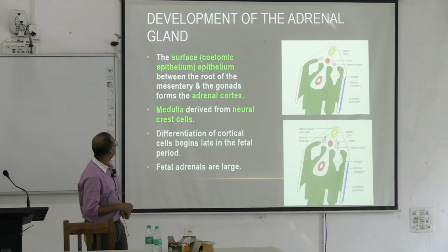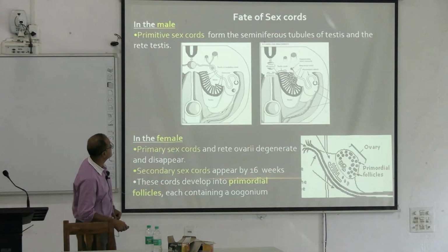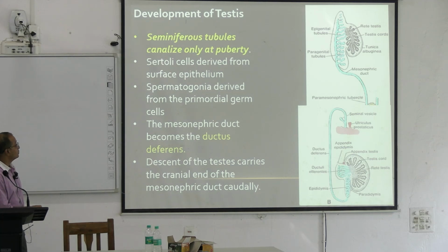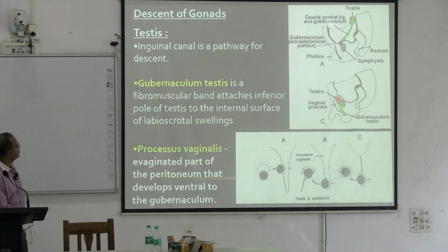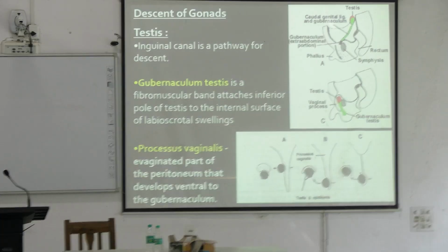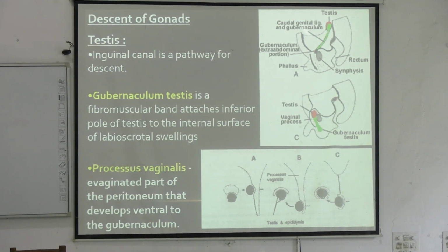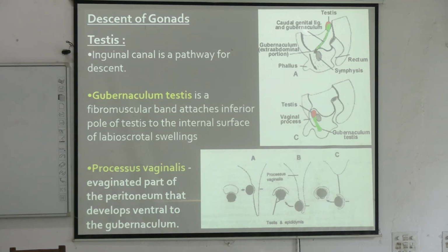Now, coming to problems related to the genital system development. You have to learn about the development of the kidney, and related to it, the descent of the kidney and the descent of the gonad. Then the development of the testicles, and we have to know about the descent of the testicles.